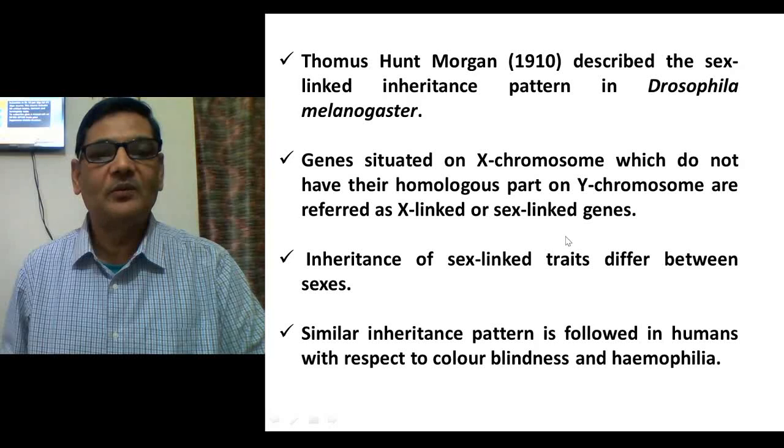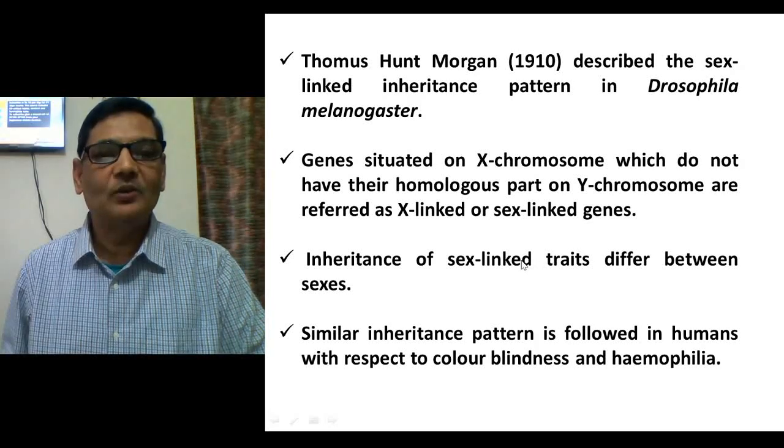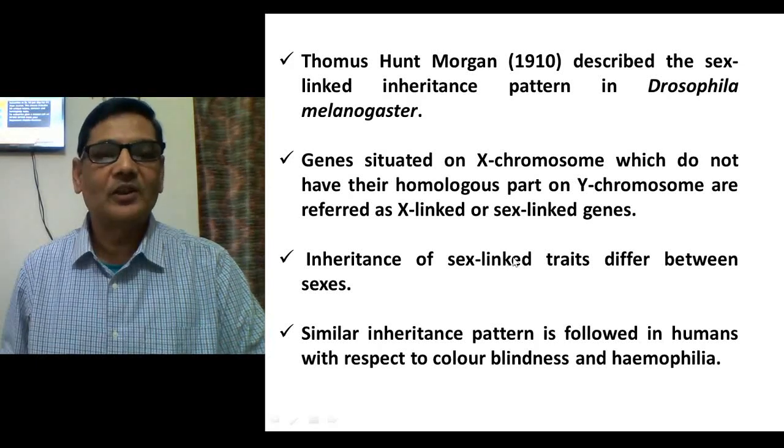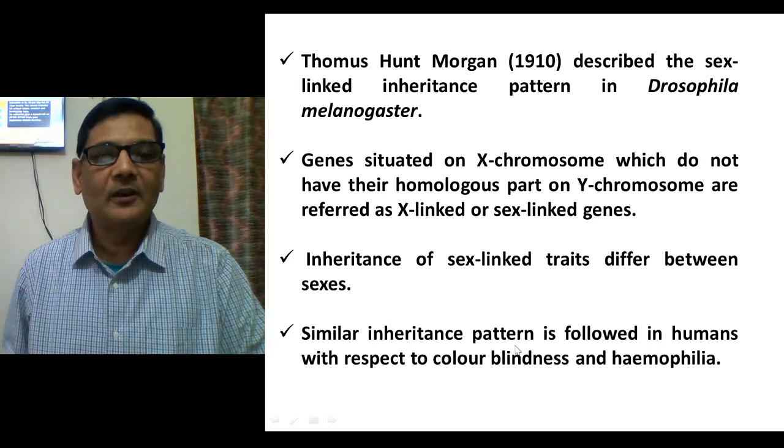But there will be a difference if genes are located exclusively on the X chromosome or on the Y chromosome, and particularly those genes which are not homologous to the part of the X and Y chromosome. And we can also observe the inheritance pattern of such genes in other organisms, including humans. In our case, color blindness and hemophilia are two well-known examples which follow the pattern of X-linked inheritance.